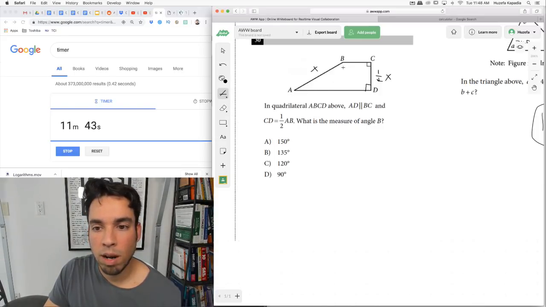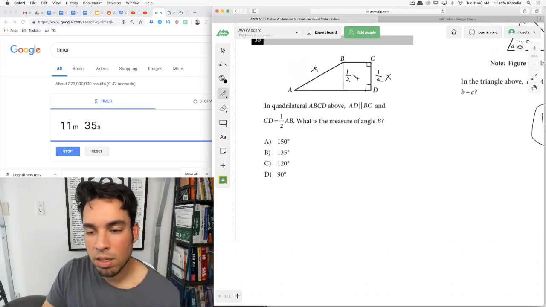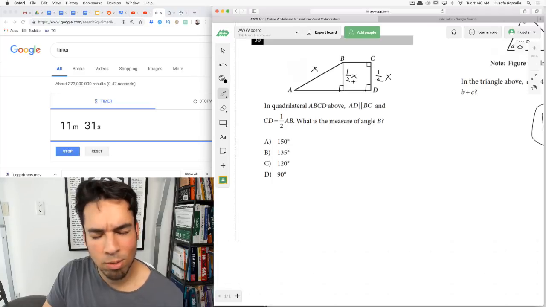I'm going to turn this into a special right triangle because I know that's what they want us to do here. And then this becomes 1/2 X. So immediately I know, and I'm making another right triangle because I'm doing this straight down almost like an altitude, parallel to these guys.